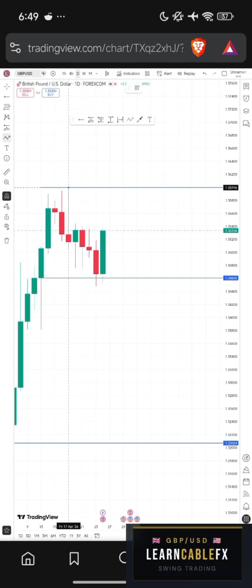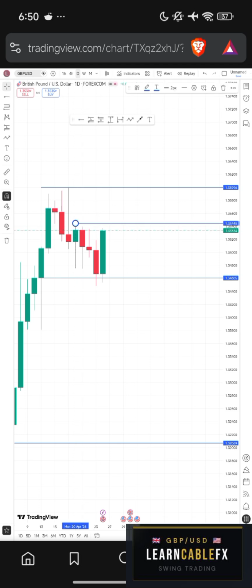The high, the low, high, and the low broke structure. So I'll be looking at this high, how price will react.